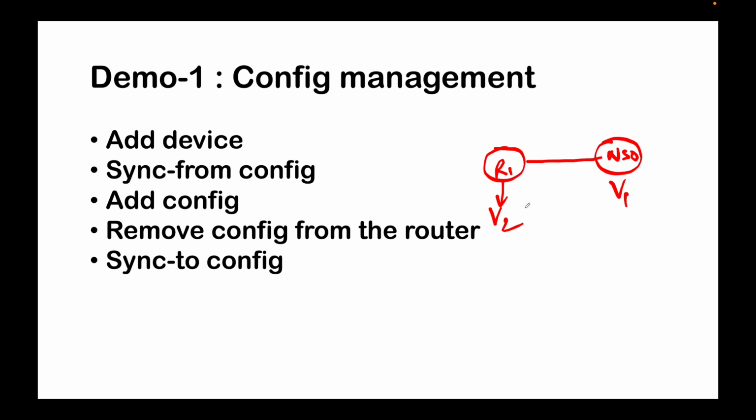In this case, you can see how easy it has become. Last time when you saved the configuration, you also synced that part of the configuration to NSO. Now this V2 configuration which was done on the router, since it was caused by some anomaly, is not yet synced to NSO. NSO is still running the previous version of the configuration, which was the best configuration for the network.